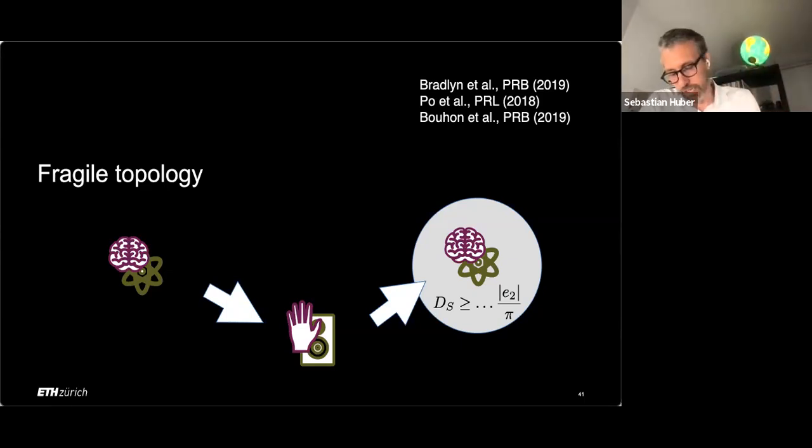And now we can ask ourselves, okay, what is this bound that we've seen derived by very smart people, of course, but in mean field, and now we want to see whether this topological bound of the superfluid stiffness survives the going beyond mean field.